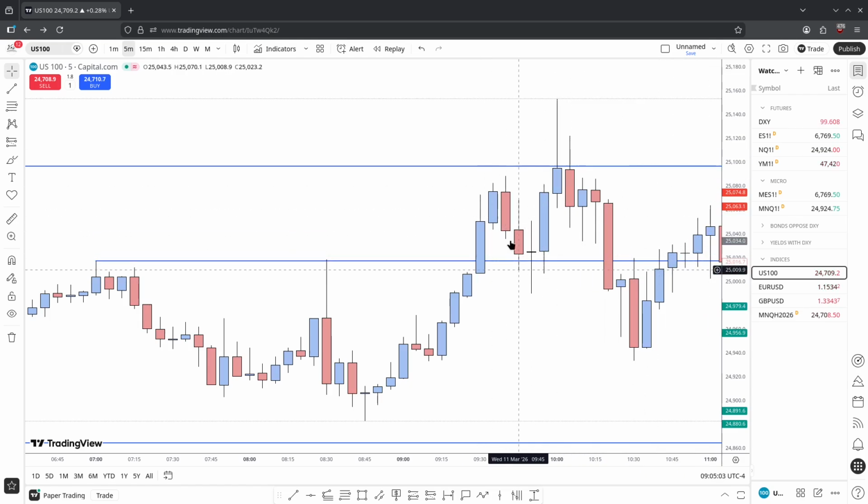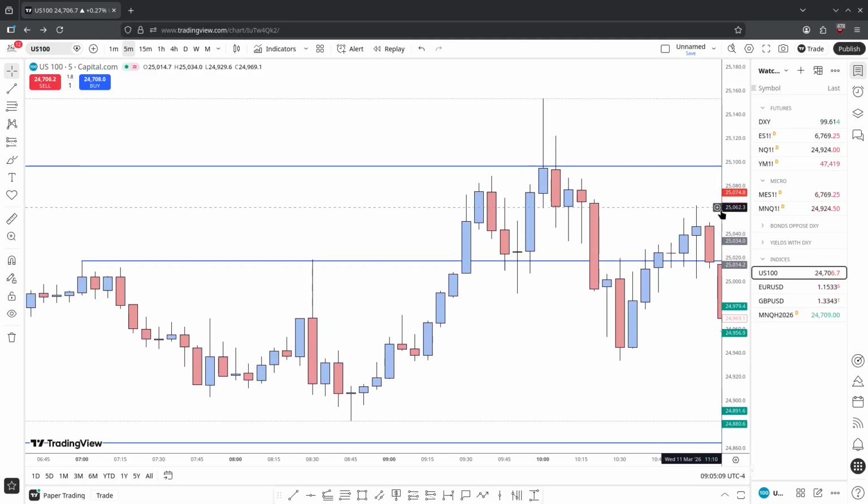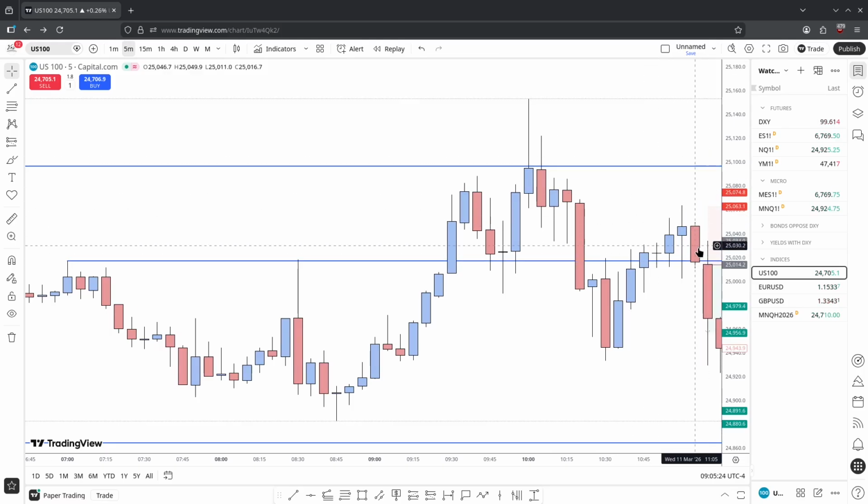Okay, price traded into my breaker block, inversion. So I'm still looking at it and I say, okay, it's traded into the breaker block. I was looking at entering right there, at this specific price point. Okay, so trade it lower. In the next one, I said, okay, let me see.